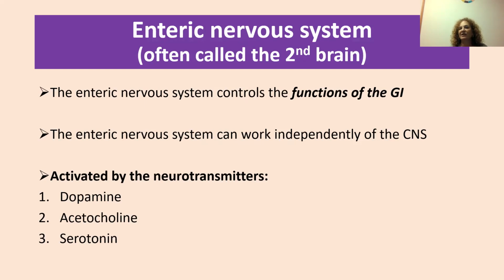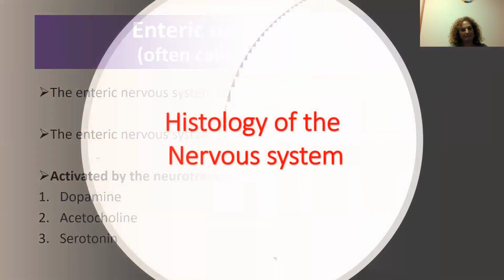That would be things like digestion and sugar, et cetera. That would be the enteric nervous system, and it works completely independently of the rest of our CNS.